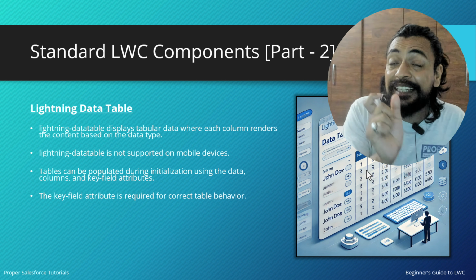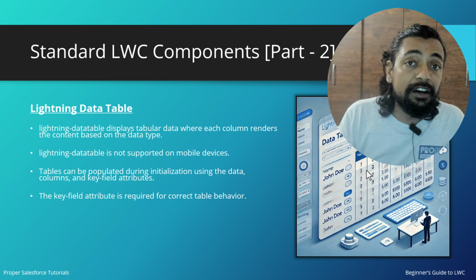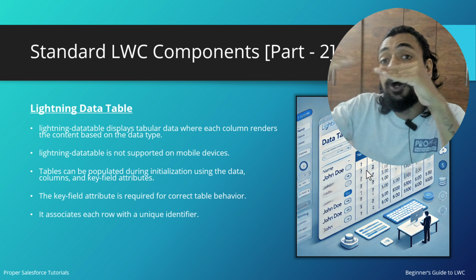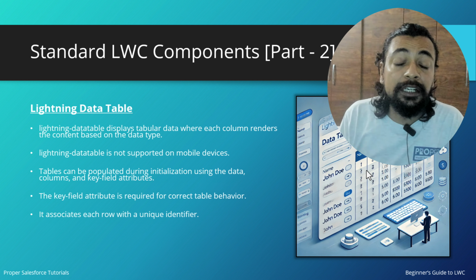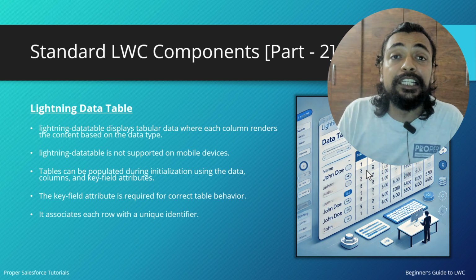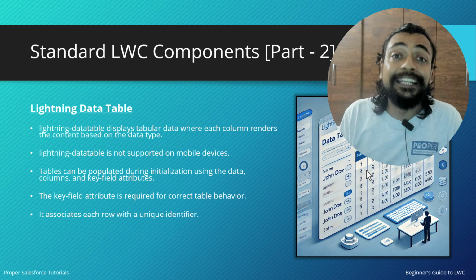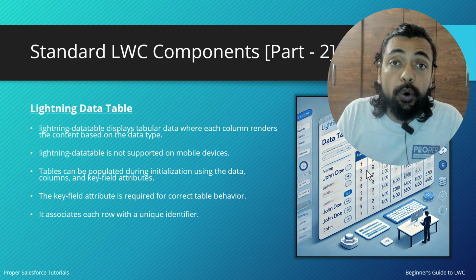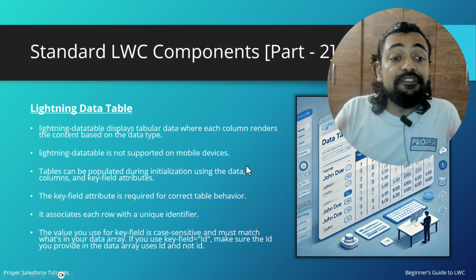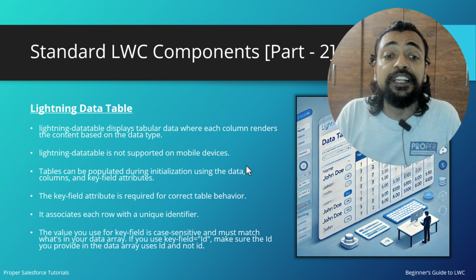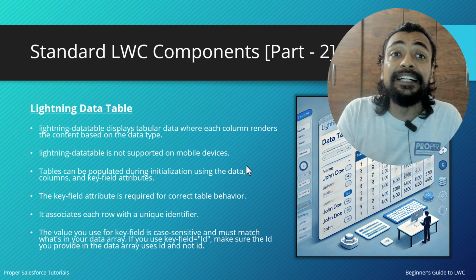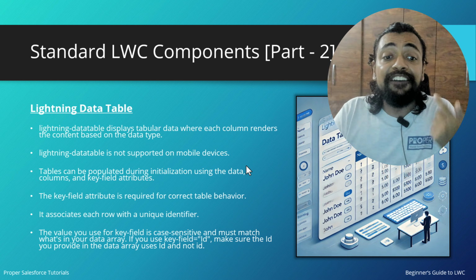Now the key field attribute is quite important. Why so? Because among all the values that are available in the table, this field value is basically used to uniquely identify individual record or individual row in the data table. Now the value we use for key field is case sensitive and must match what's in our data array.